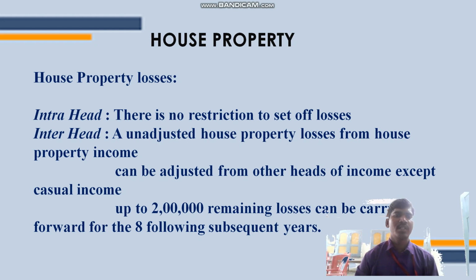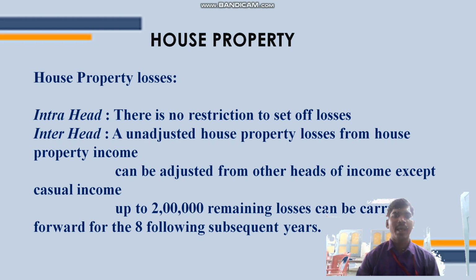In order to adjust or set off the losses in the house property, if there is sufficient income from the other house property in the same year, that can be used to set off the losses. So there is no restriction at all in adjusting the house property losses intra-head, when there is sufficient income from the other house property.